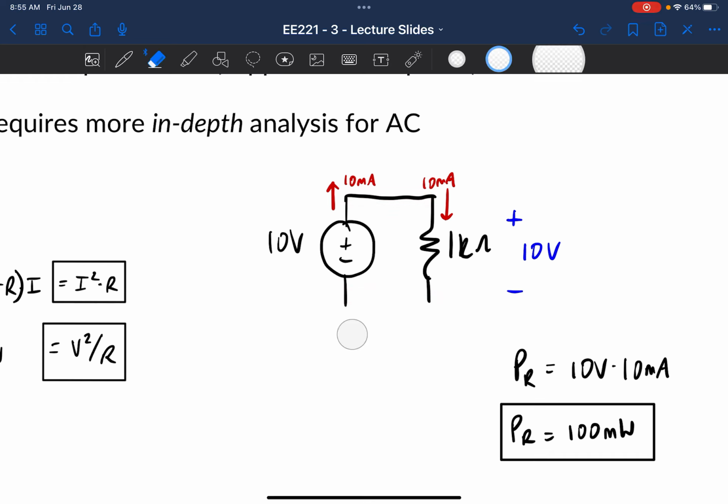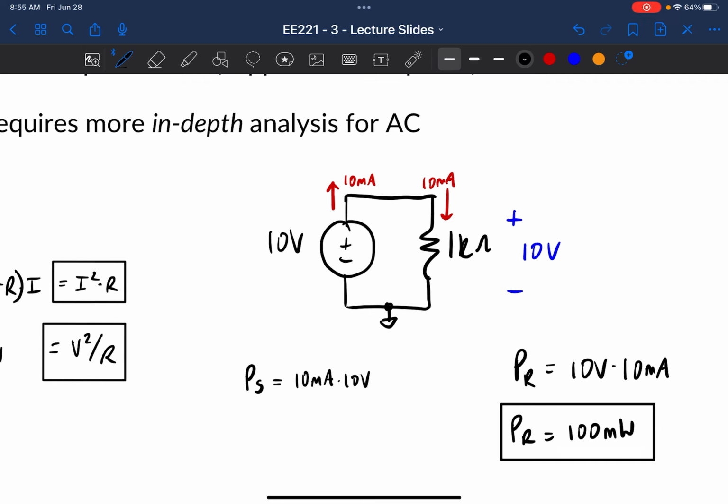Maybe if it's not super apparent yet, it will become more apparent if I draw the circuit like this, and I just make my ground right here. If I were to analyze the amount of power supplied by the source, let's say PS instead of PR, that would be equal to 10 milliamps multiplied by 10 volts, which of course is the same as PR, my power dissipated by my resistor.